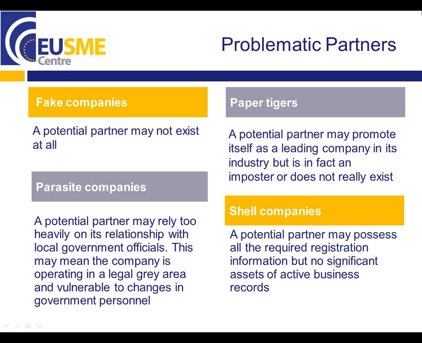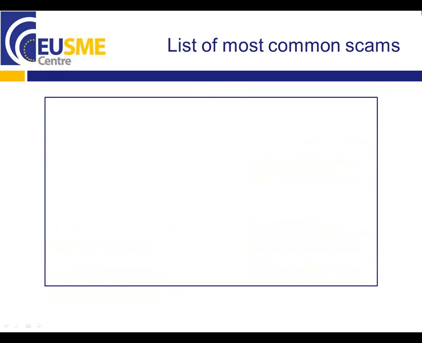This company legally exists as well, it has a business license and all other required registration, but in fact it's an empty company, it does not have significant assets or active business records. So you can encounter all those companies while doing your business, and preliminary due diligence in most cases shall help you to disclose those fake or other types of companies.